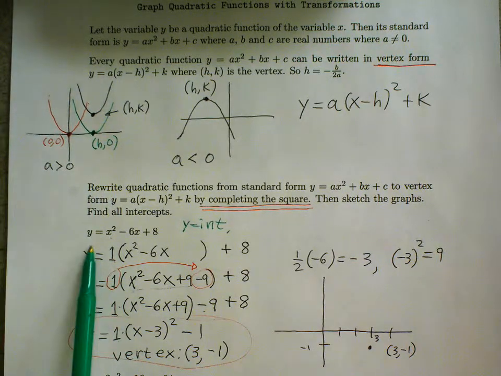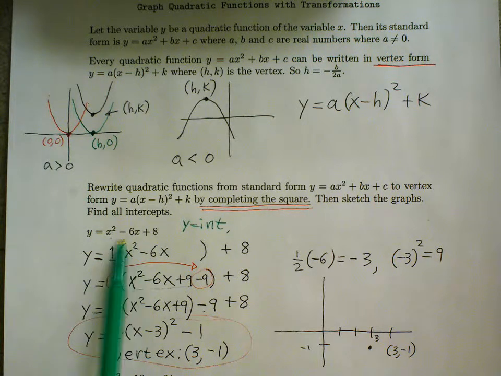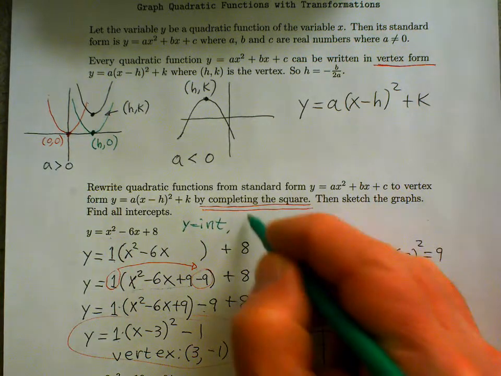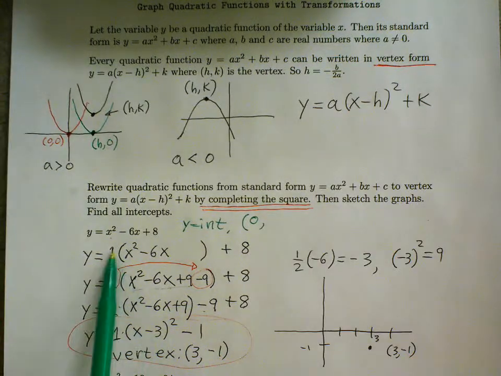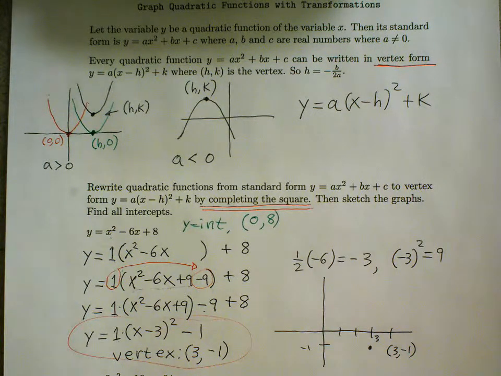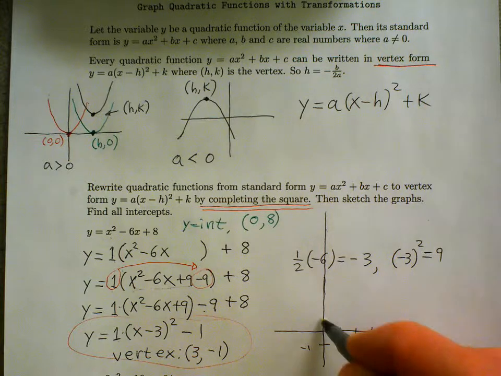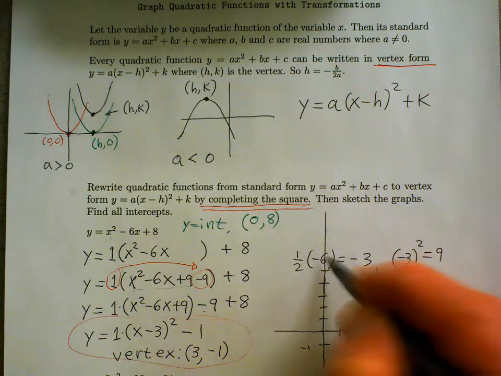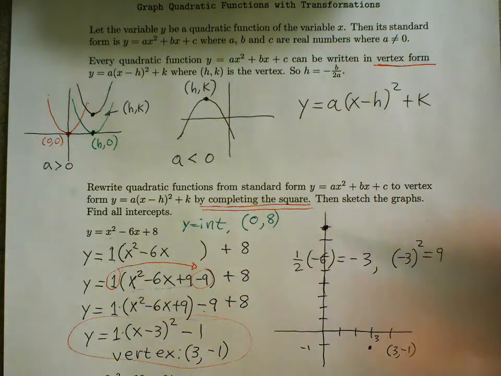And we can use the standard form to find the y-intercept. Every y-intercept has an x-coordinate of 0. And when x is 0, the y-coordinate is 8. So 0, 8 is a point on the graph. So we could plot that point, 0, 8.